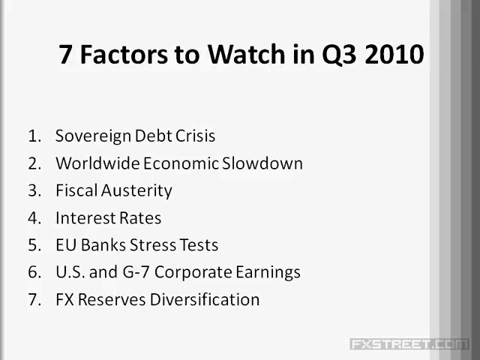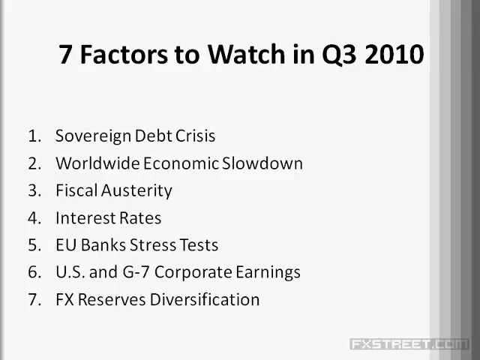And as we do with every quarter, we started with U.S. and G7 countries' corporate earnings, which is important for how the equity markets will trade and for investor sentiment, risk appetite, and so forth. And then the 7th factor was foreign exchange reserves diversification.